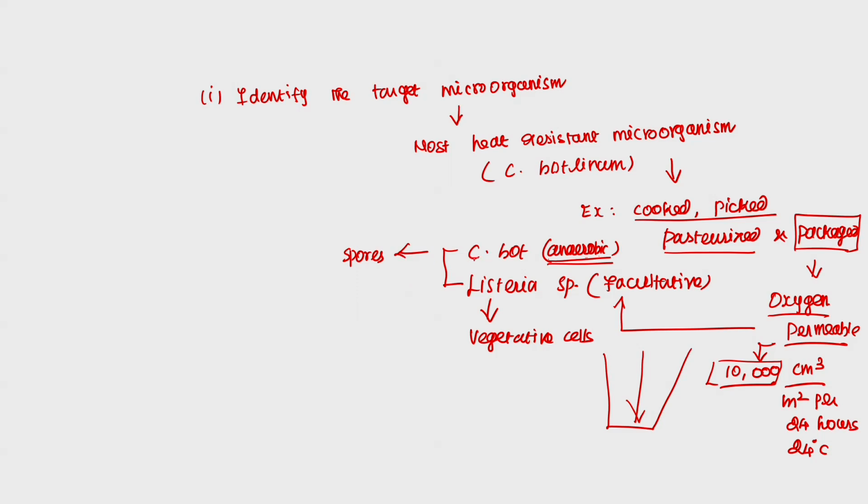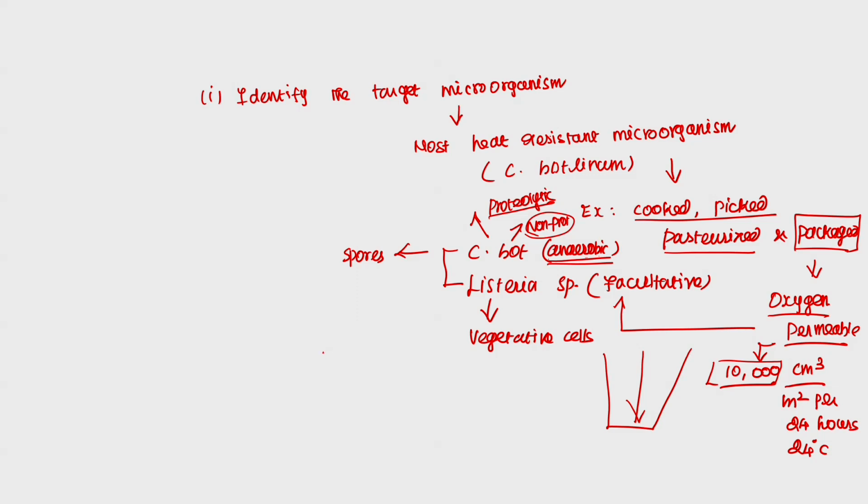And also CBOT has many varieties. One is proteolytic and the other is non-proteolytic. The proteolytic microorganism may not survive at the refrigeration condition, but non-proteolytic microorganisms can grow in the refrigeration condition as well.